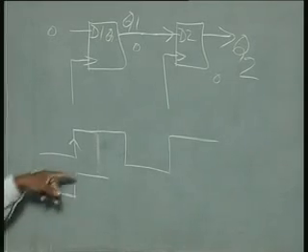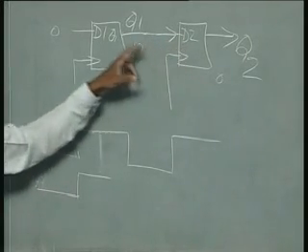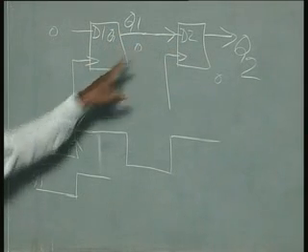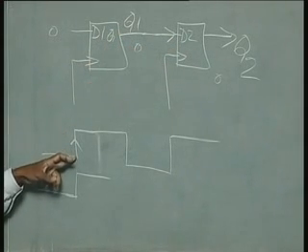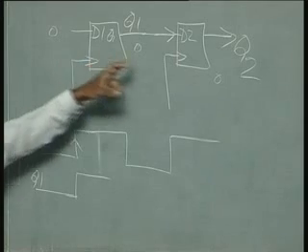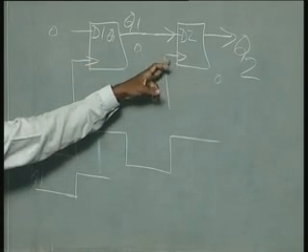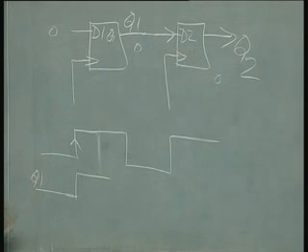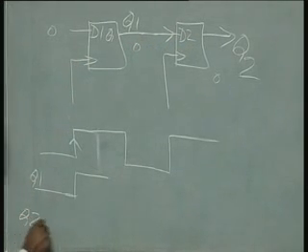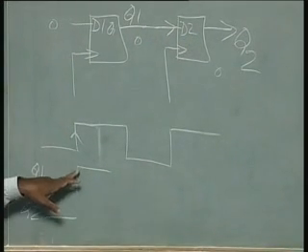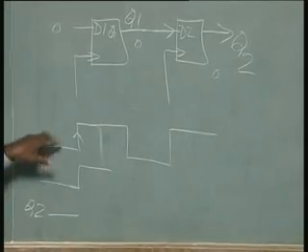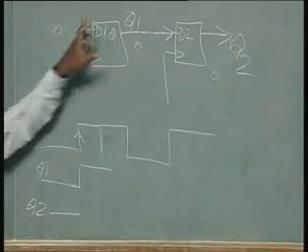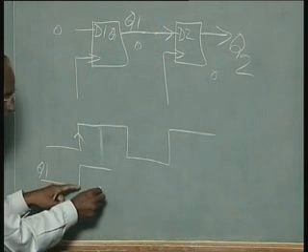Now this forms the input for the second flip-flop. When this was already 0 and the clock edge was encountered, it was also sensed here. It had seen a 0, therefore it would have put Q2 also at 0. Q1 is going to change state only a little later, not right here.